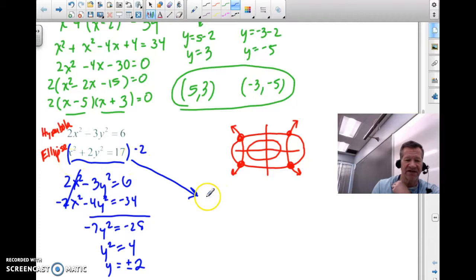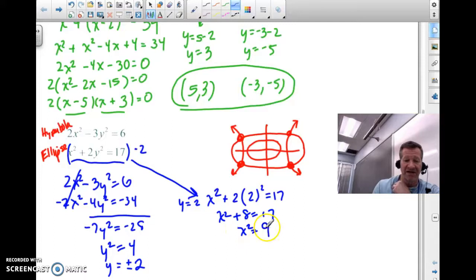So let's take this, x squared plus 2 times y squared. Now first, let's put in y equals 2. So if I put 2 in there, let's see what happens. 2 squared is 4. 4 times 2 is 8. So that says x squared plus 8 is 17. So subtracting 8 to get 9, and then taking the square root, I get positive or -3.